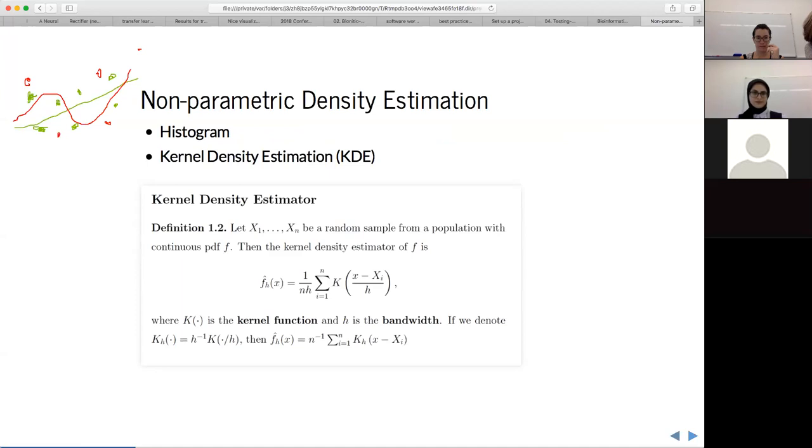The other method is the kernel density estimator, and it's defined by this formula, in which K is your kernel function, and we will go through examples of kernel functions. H is your bin width, so we are still borrowing some ideas from the histogram.